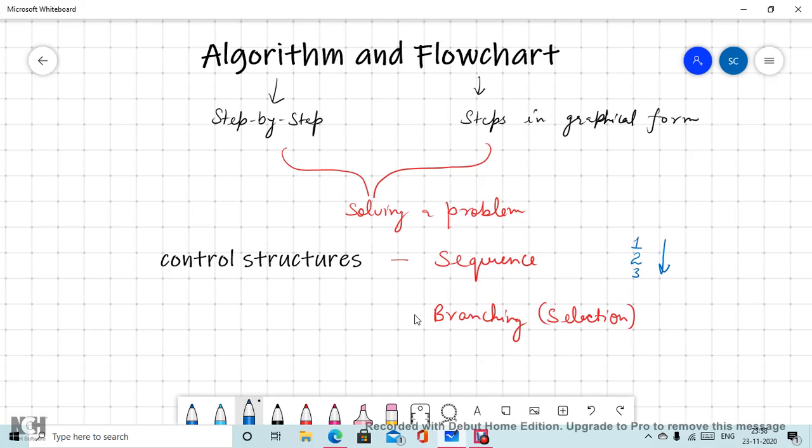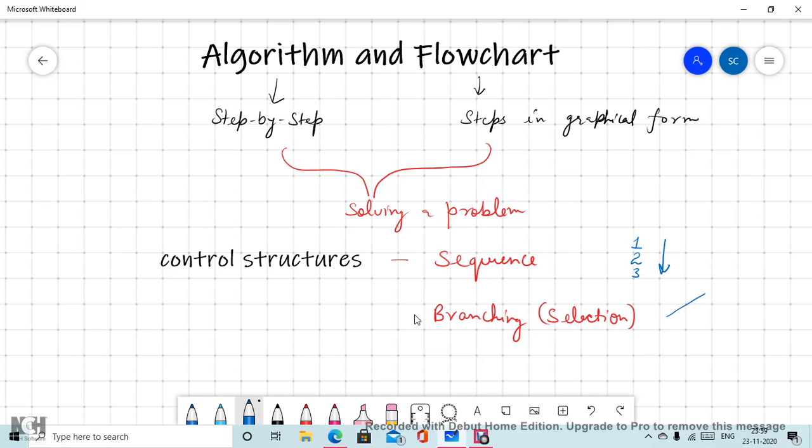In case of true, we follow one branch, or in case of false, we traverse the alternative branch. Generally, if-then-else is used to represent the branch control. Okay, so it is something like that.